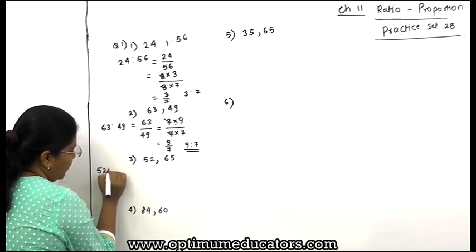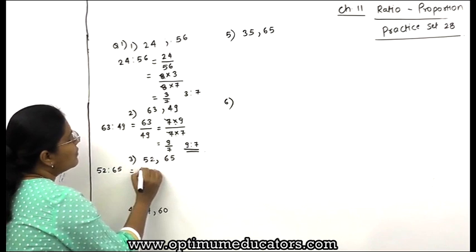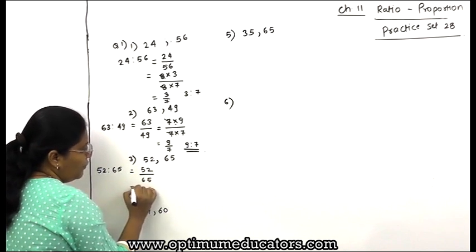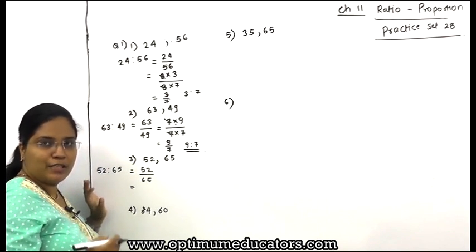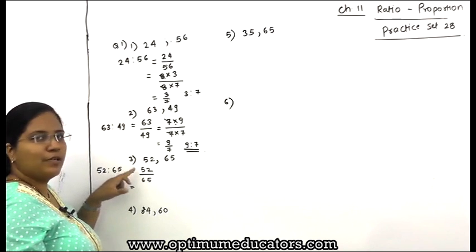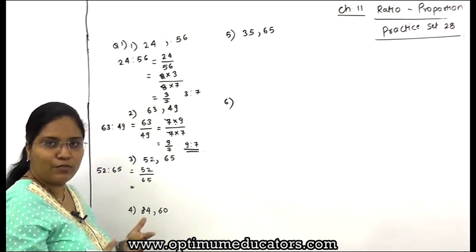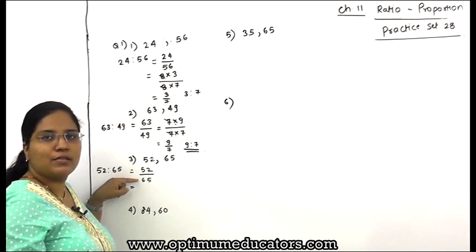Next is 52:65. This is same as saying 52/65. Now friends, if you have learned the tables, this is going to be really very easy for you. Looking at the numbers only, we will be able to decide what factor we should be multiplying with. For example, here I have 52 and the denominator is 65.